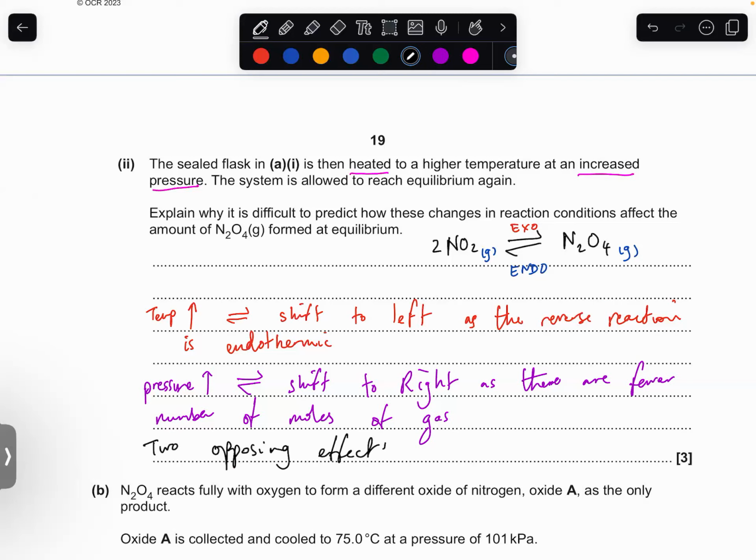They could cancel out. They oppose one another. They may not be the same size. There's a variation on possible answers that you can give.